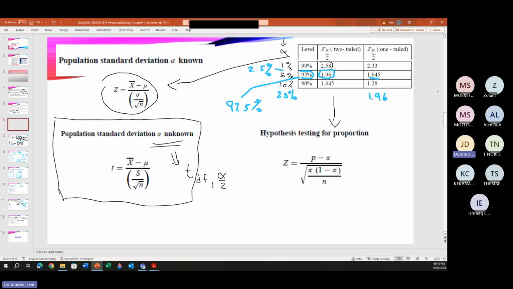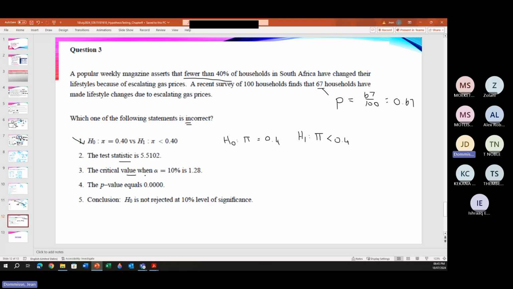The critical value of 10% of the one tail is 1.28. The critical value of alpha of 10%, remember we're working with a one tail, is 1.28, so that is correct.